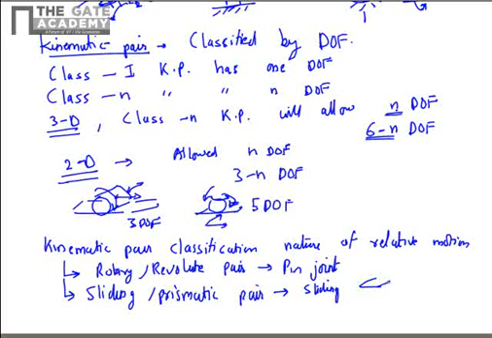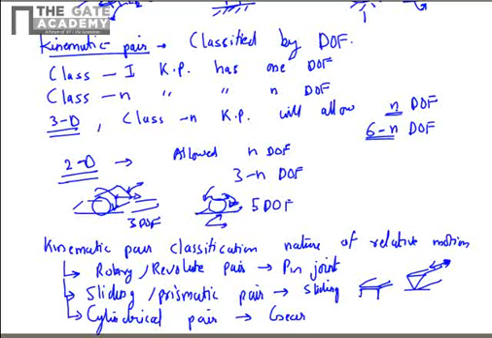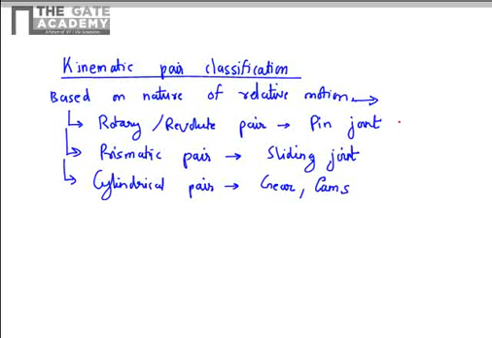The movement can be either surface to surface contact, or there can be a line contact, but there is a sliding motion. That is the primary definition of this category. Another category is the cylindrical pair. Under this category, we get gears and cams.